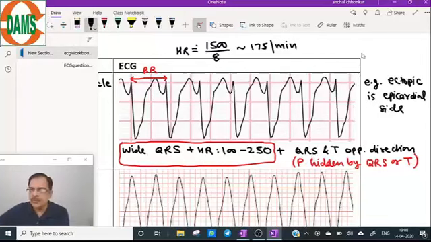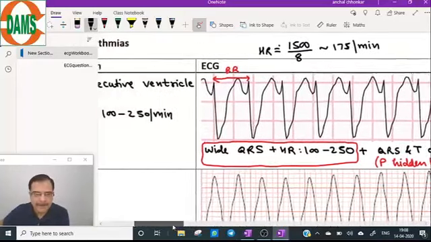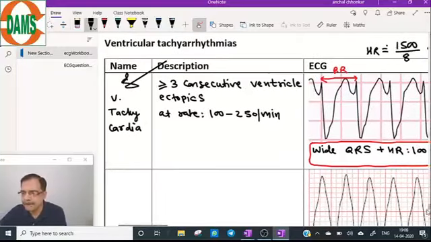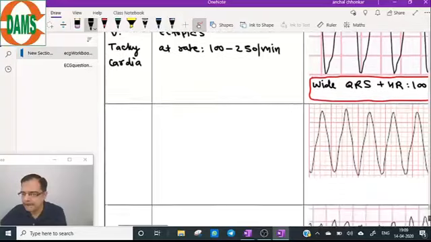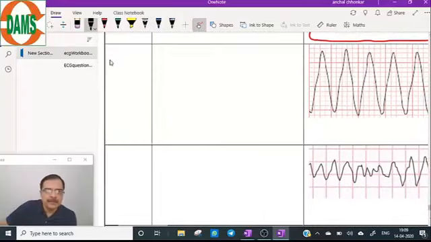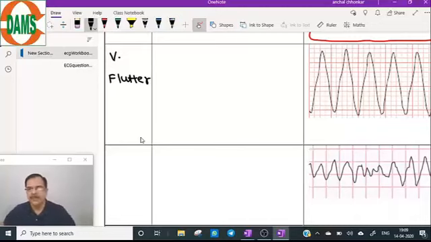Now come to the second arrhythmia. The second arrhythmia is ventricle flutter.